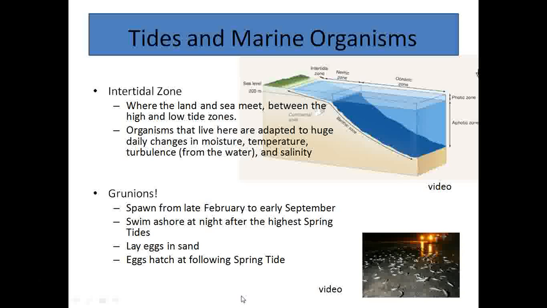Okay, so it's neat because you see all these fish on the sand, laying their eggs, and then the eggs don't hatch until that following spring tide.